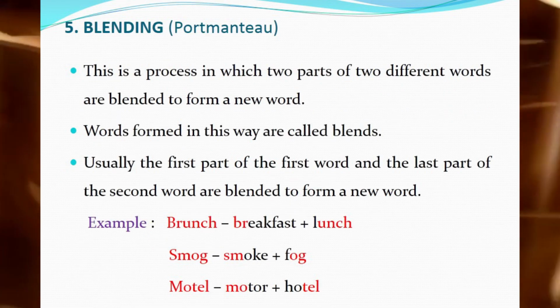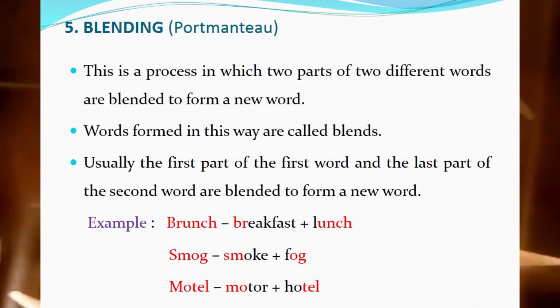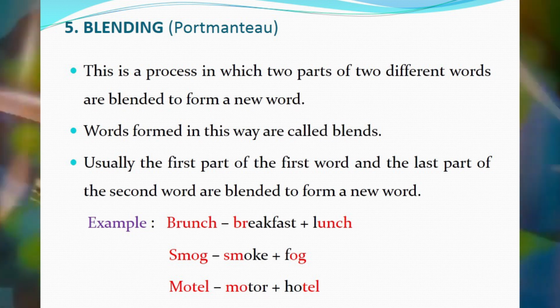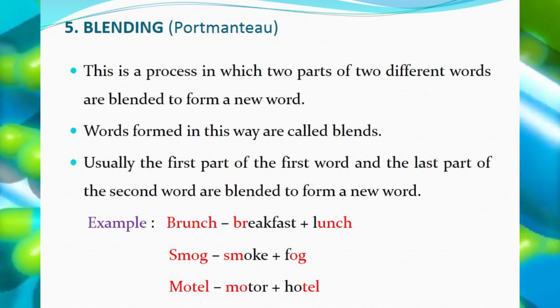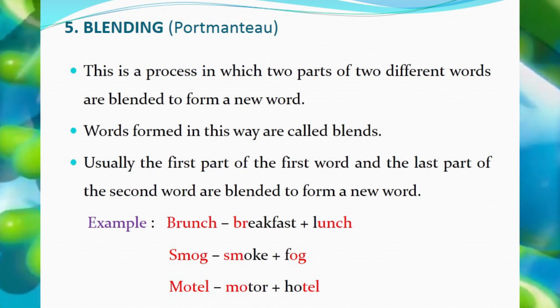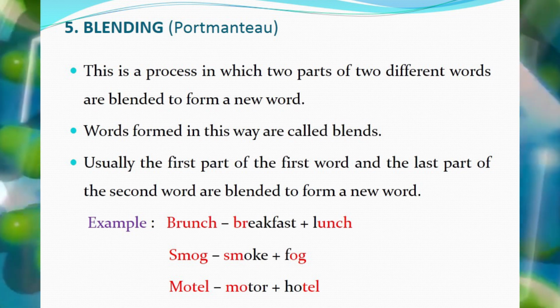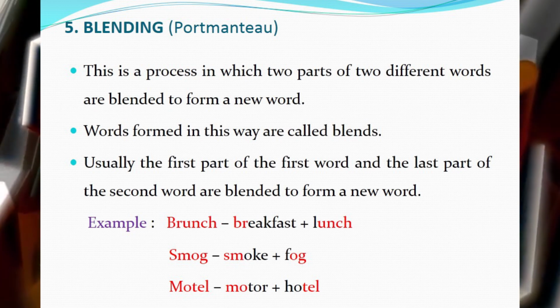Blending or portmanteau is a process in which two parts of different words are blended to form a new word. Words formed in this way are called blends. Usually, the first part of the first word and the last part of the second word are blended to form a new word. For example, the word brunch is formed by blending the words breakfast and lunch.